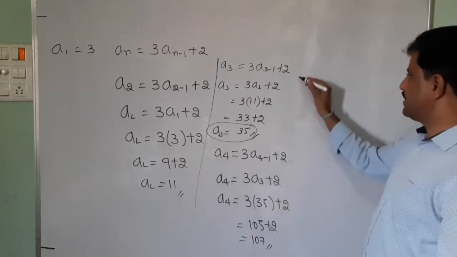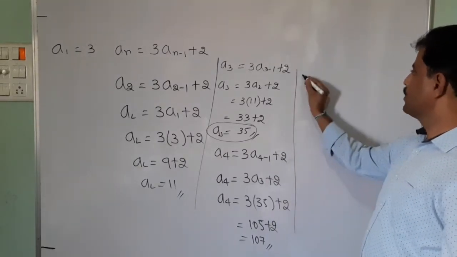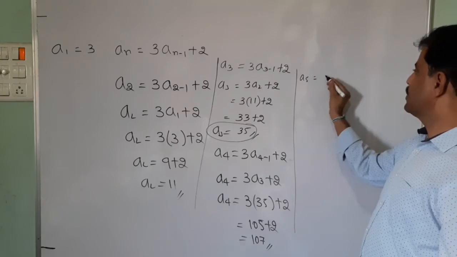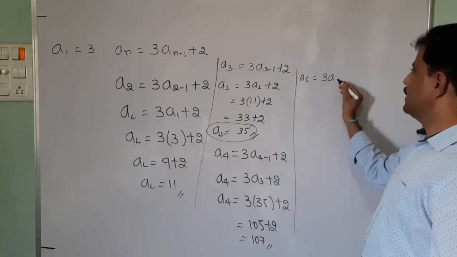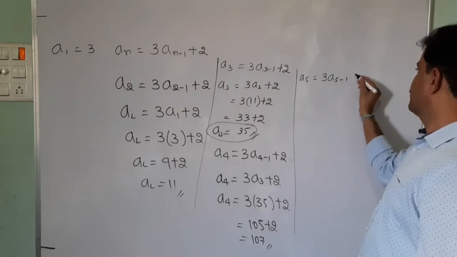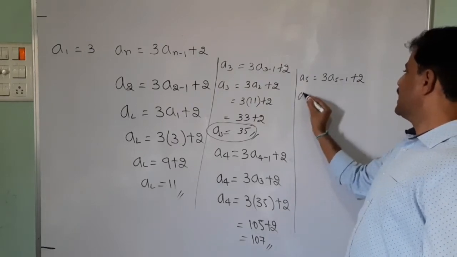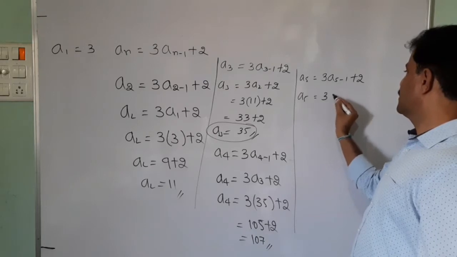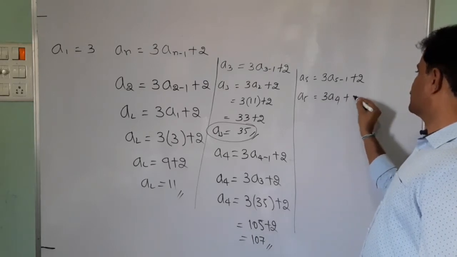Okay, next last, A5. A5 is equal to 3 into A, put n is equal to 5, 5 minus 1, plus 2. A5 is equal to 3 into A4 plus 2.